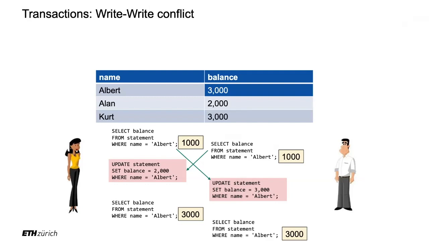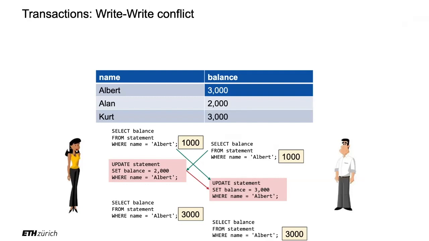Where is a write-write conflict here? Yes, exactly, the two pink boxes, exactly. This is a write-write conflict. Why is that a conflict? Because here too the order matters.